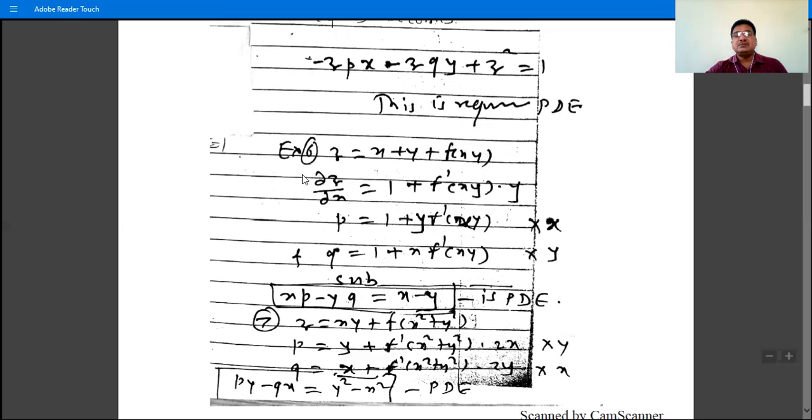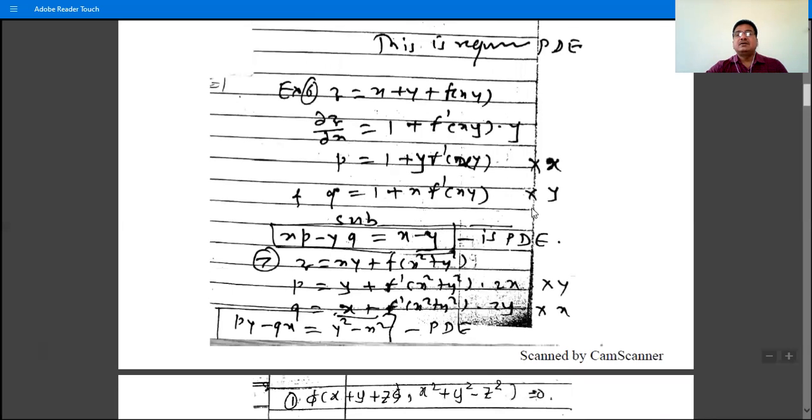And then differentiate with respect to y, we have ∂z/∂y as q, and the derivative of x is 0, the derivative of y is 1, plus the derivative of f(xy), which is f dash(xy) into the derivative of xy with respect to y, which is x, so x f dash(xy).